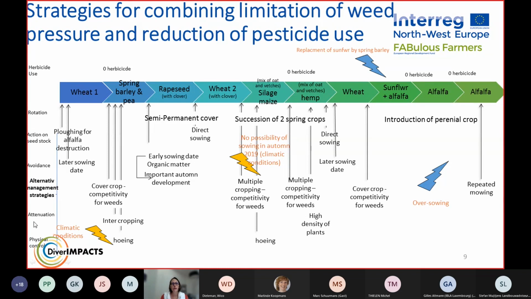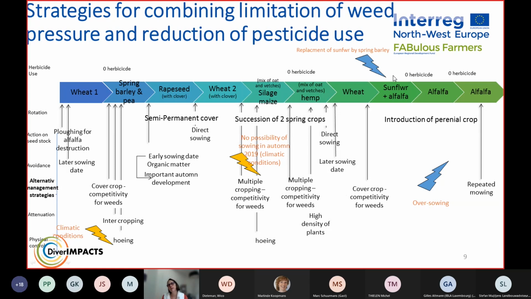We also have the introduction of multiple cropping and of hemp for their competitiveness against weeds, and also physical control with hoeing. And we are regularly adapting these strategies to the climatic conditions, but also to the success or failure of the strategies that we are testing.